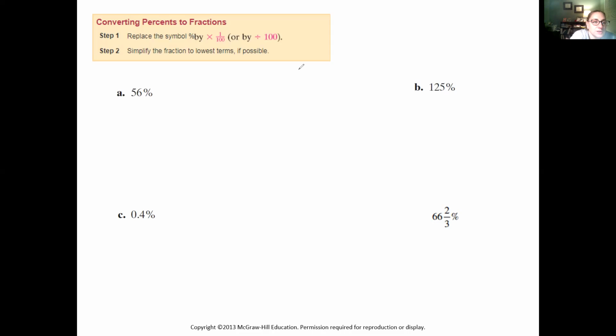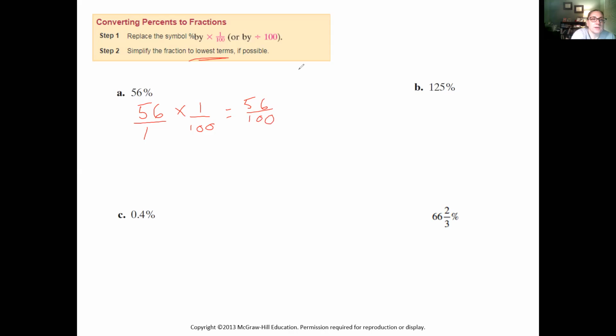So what the instructions are saying is that we take our 56, we drop the percent symbol, and we multiply by 1 over 100. So to keep it a little easier and line it up, we could put this over 1 because it's a whole number. And then we multiply straight across and we get 56 over 100. Then it's important to make sure that you reduce. So divided by 4 and we get 14 over 25.